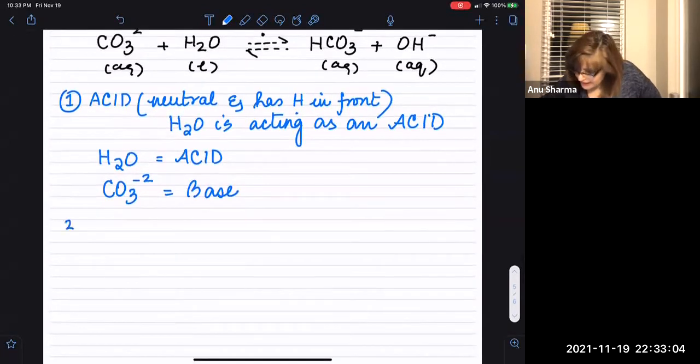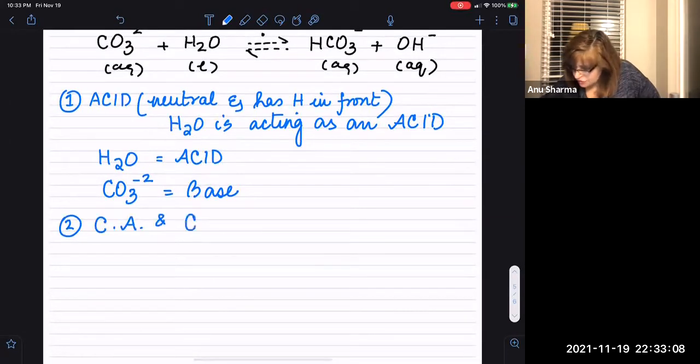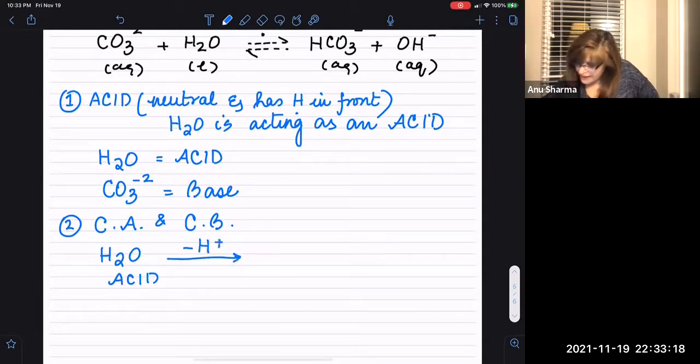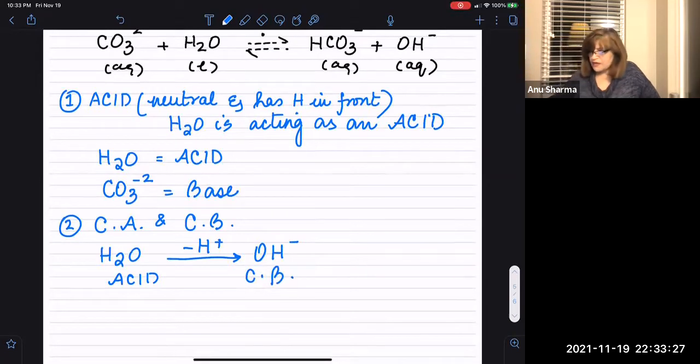That's one step. The second step is the conjugate acid and conjugate base. H2O is acting as an acid, and it gives one hydrogen ion, and that gives you the OH ion, which is the conjugate base.